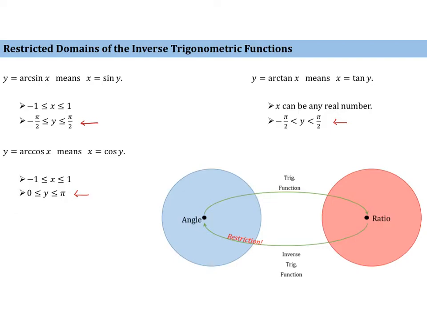And then to help us out, I like to look at a diagram such as this that I introduced in the previous video. The key thing to remember is that the input of an inverse trigonometric function is a ratio. And as we output an inverse trigonometric function, it will have a restriction on what type of angle it can be.